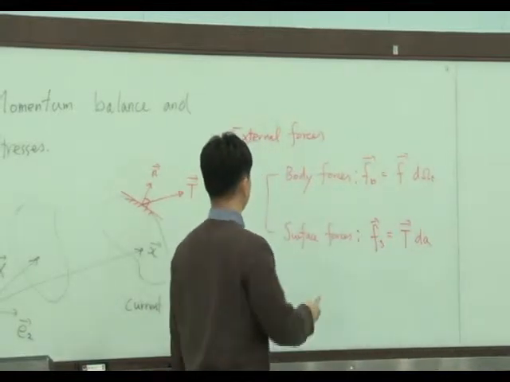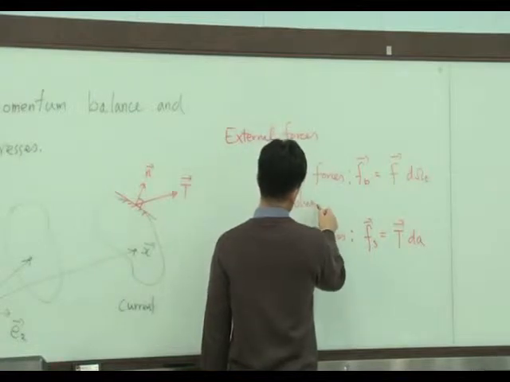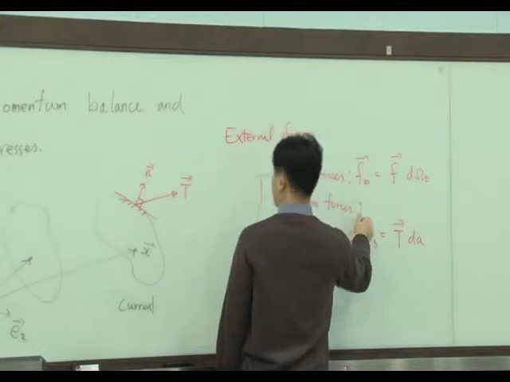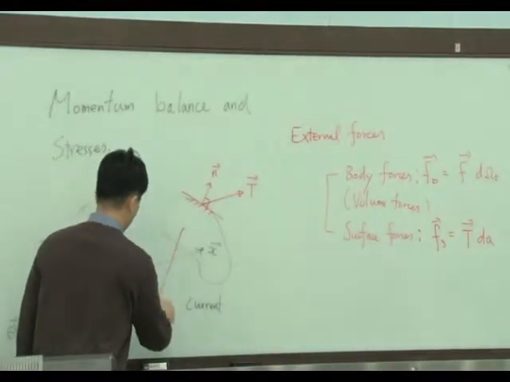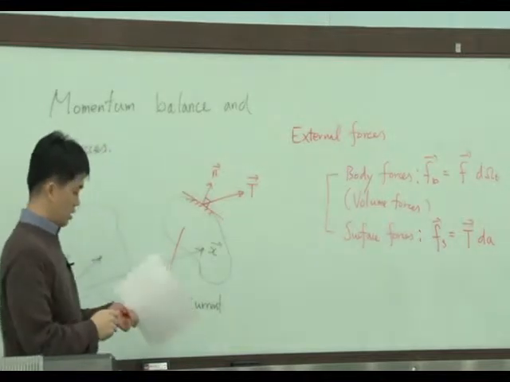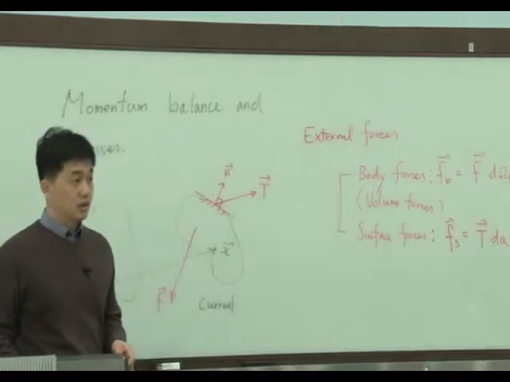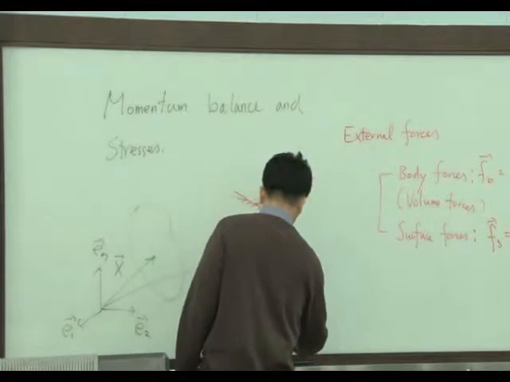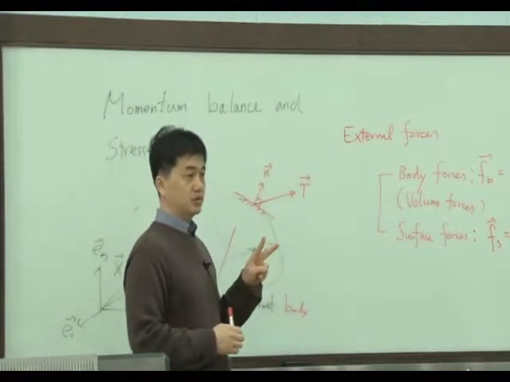The other name of body force is volume force. So volume force is applied in the volume. This is F. So in the current body, there are two external forces.